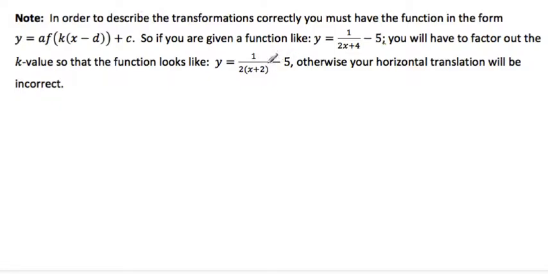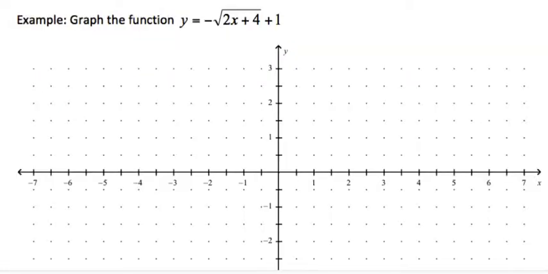So this means that the transformations are a horizontal stretch by a factor of a half and a horizontal shift 2 units to the left. So our horizontal shift would have been wrong in this case if we had not factored it out. So be very careful and make sure if the coefficient of x does not equal 1, you factor out that value.